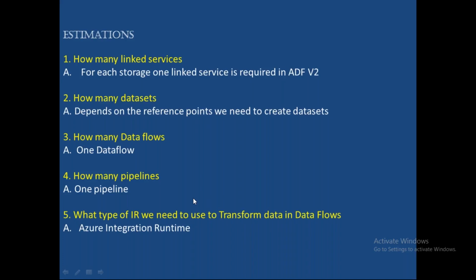Those things will be executed by the IR. Otherwise, it will just dispatch, meaning it will assign the task to some other cluster. Here in data flows, the job will be assigned to the Spark cluster, because the Spark cluster is going to execute all our data flows. Okay, fine.